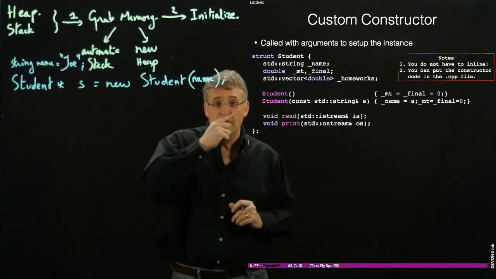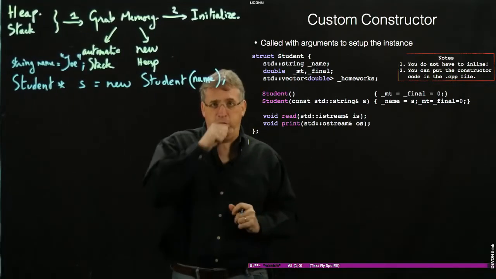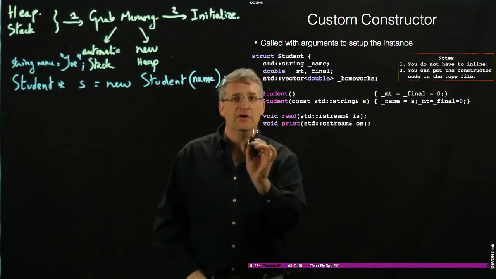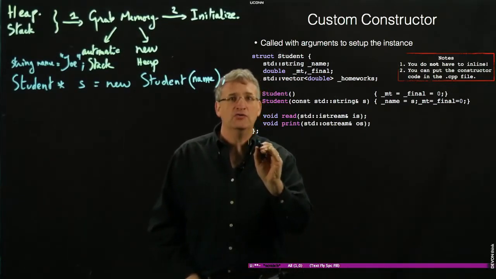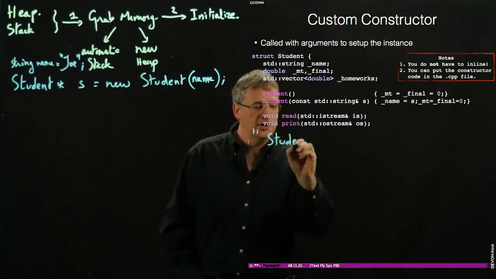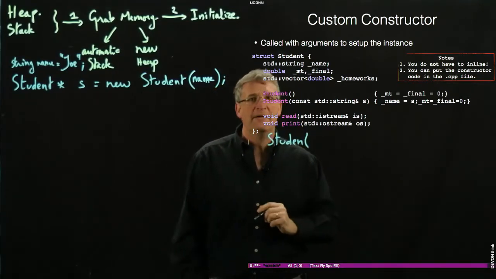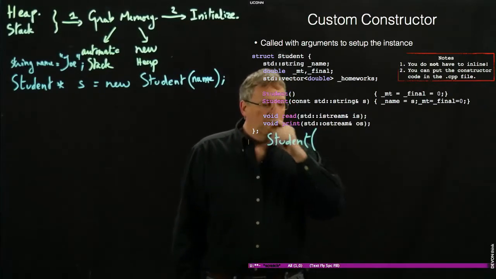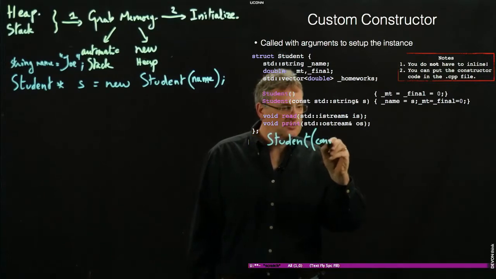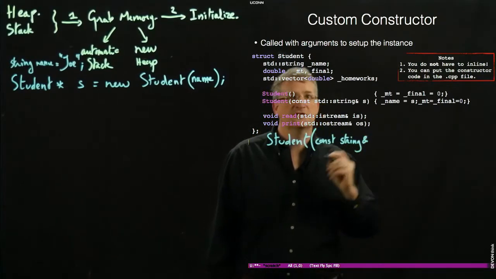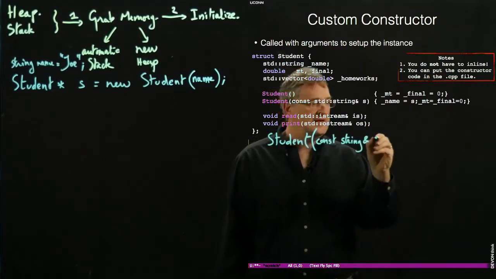What you can do, and I'll write it here, is the following. If I want to define a constructor, I could have said Student, parenthesis, it's a T, parenthesis. Then I have my const string reference, and this is s.